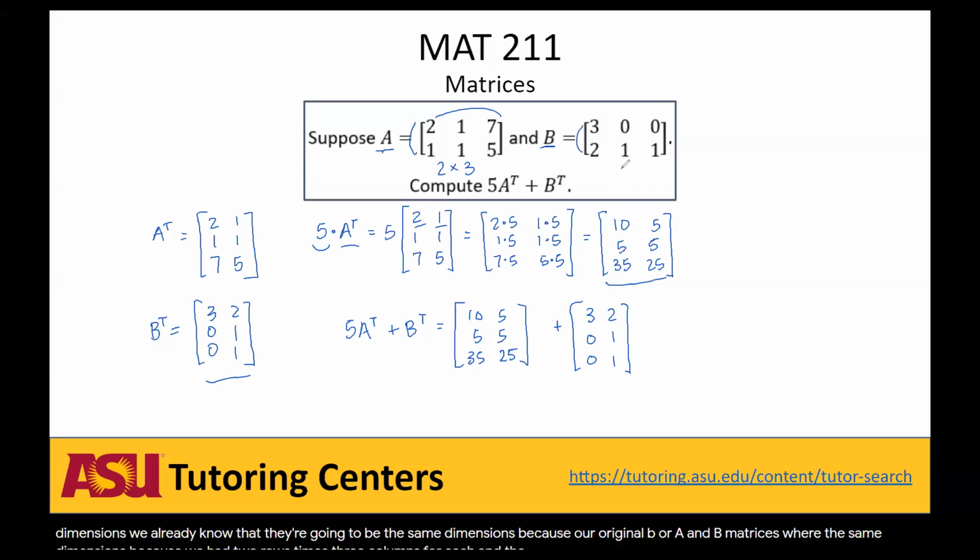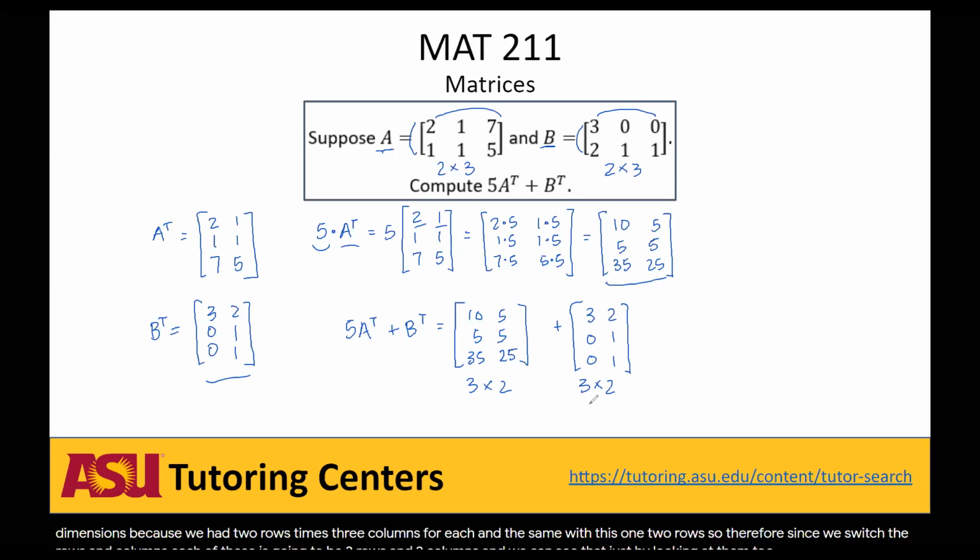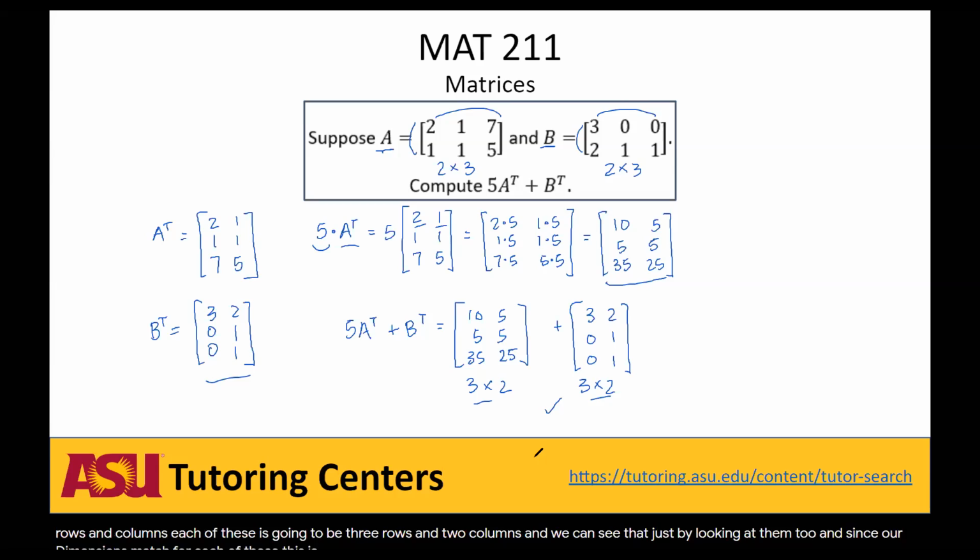Since we switched the rows and columns, each of these is going to be 3 rows and 2 columns. And we can see that just by looking at them too. Since our dimensions match, this is okay to do. Otherwise, if they didn't match, we would not be able to sum them and the answer would be undefined. But in this case, we can. So let's go ahead and do it.